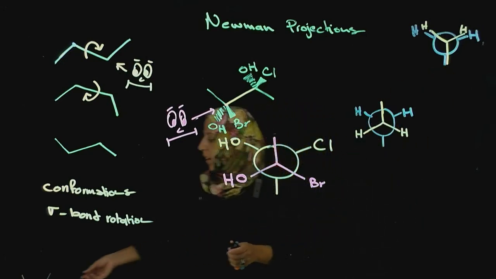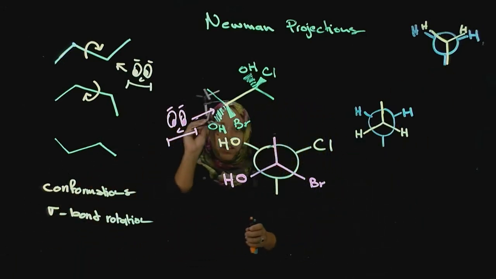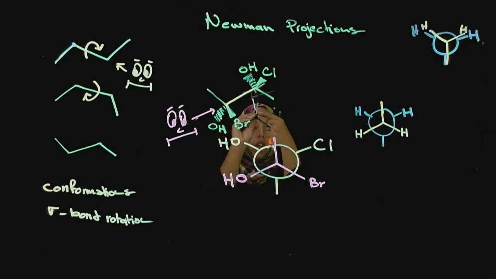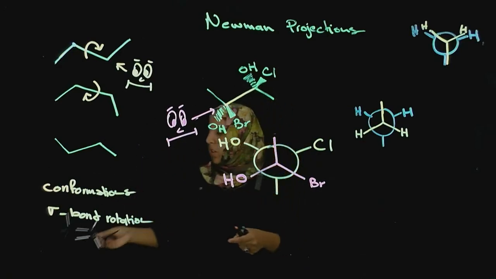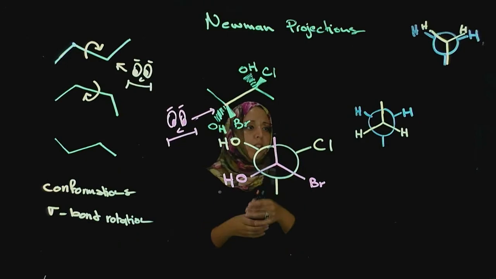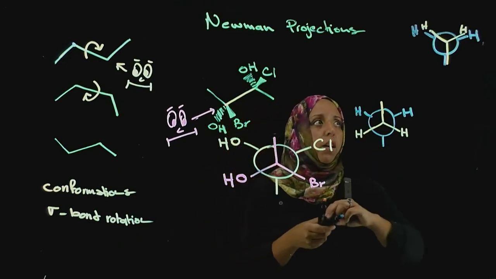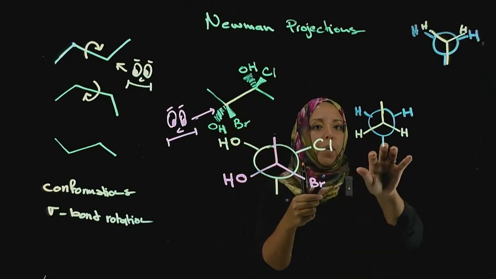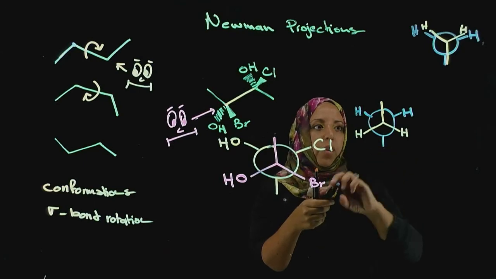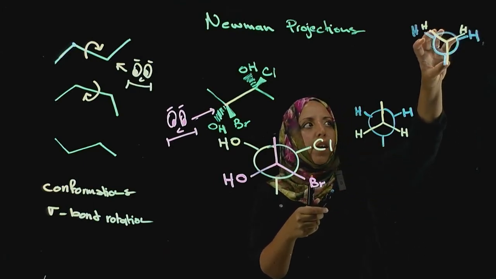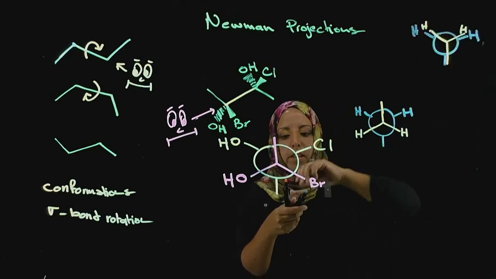So they're exactly on the same side if you're looking down that carbon-carbon bond. And if I rotate it 180 degrees once again, I'm going to go back to how it originally looked, right? Think about it as taking it and rotating it once again.